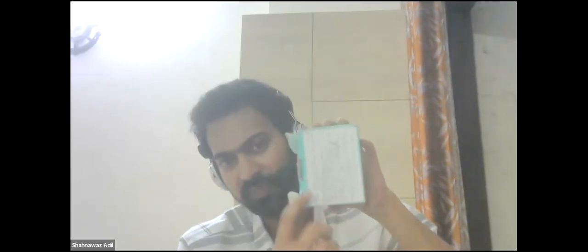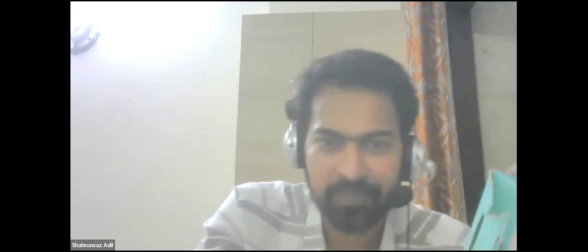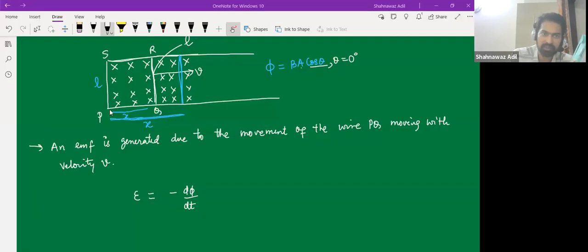But I am taking the direction PQRS, not PSRQ. So the normal to the plane is inwards, and your magnetic field is also inwards, which means both directions are the same, so theta equals 0. Understood? Yes, I got it. Okay.